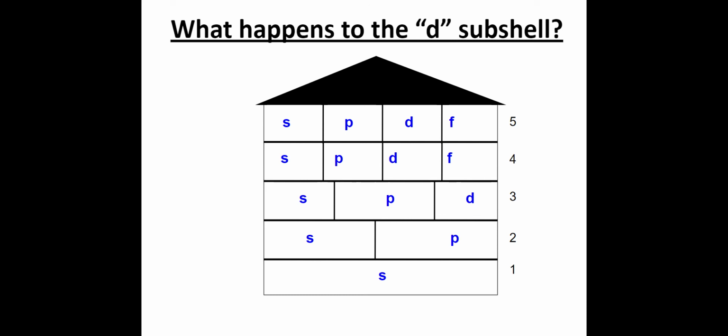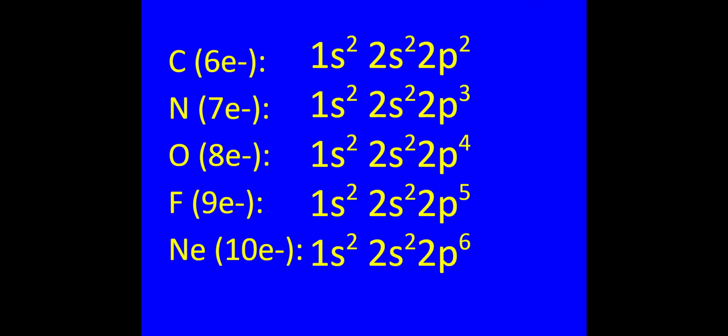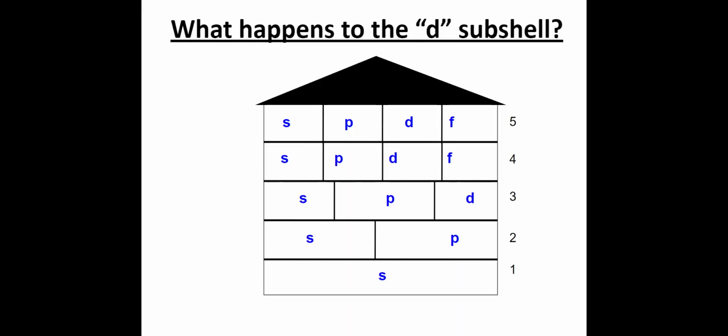In terms of this analogy with the house, the question you might ask is, what happened to the 3D subshell? We just did neon, 1s2, 2s2, 2p6.